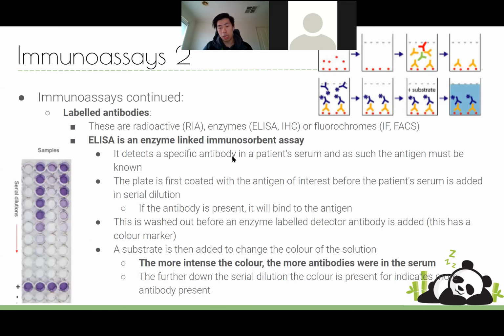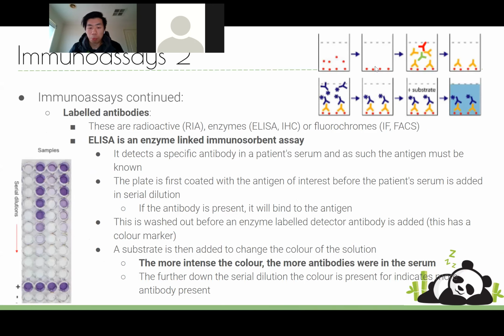ELISA detects a specific antibody in the patient's serum, and as such, the antigen has to be known. The plate is first coated with that antigen, these red dots, and then washed to get rid of all the extras. You then add the patient's antibody, and if it's present, it will connect to these antigens.